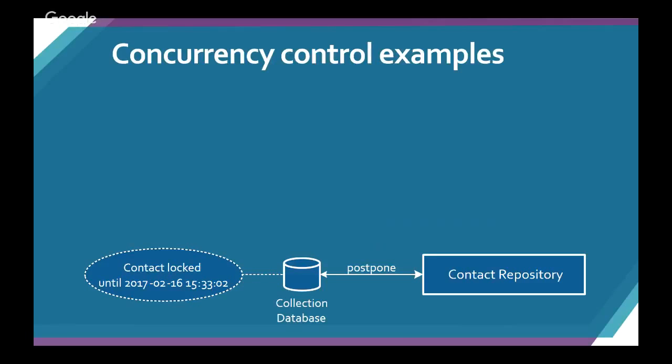Normally, it's after 20 minutes of being locked, because that's the length of the ASP.NET session. And if another server or another process tries to access the same contact, it will see at what point it will be unlocked. And it can try again at that time. But there is no way to relock it. You just have to postpone your contact modifications.